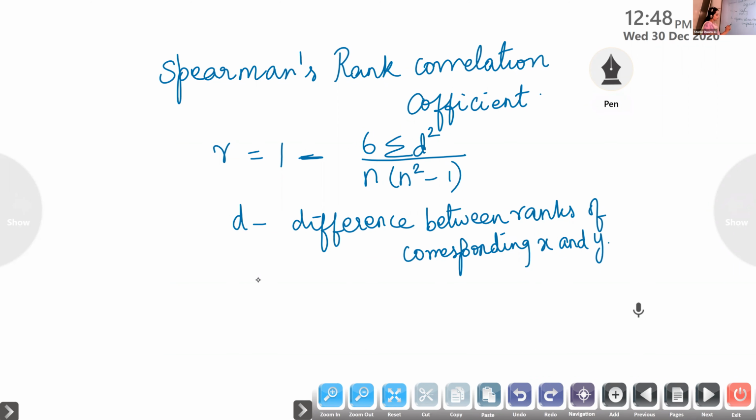And what is n? N is the number of pairs of values given. How many values are given? Suppose 10 values are given, then n is 10.